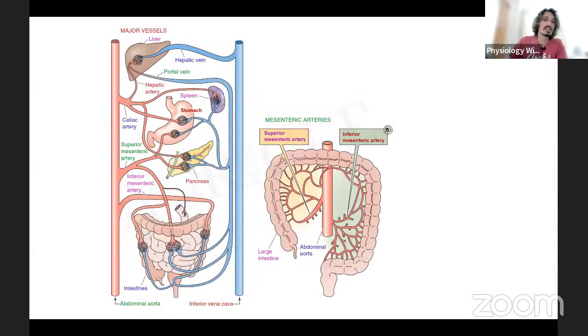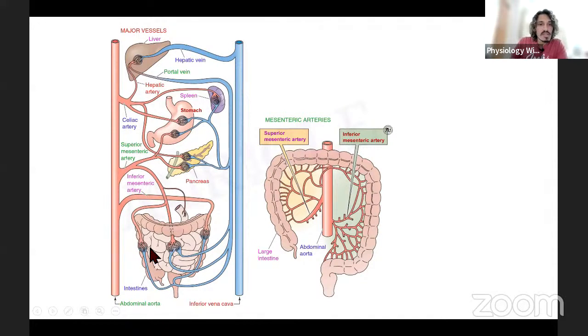So splanchnic circulation, if you take a look at it from your abdominal aorta, you have the celiac artery, which is coming. Okay, you have the hepatic artery, and eventually it becomes the superior and the inferior mesenteric artery. You can see here certain areas in the intestine are supplied by the superior and certain areas by the inferior mesenteric artery.